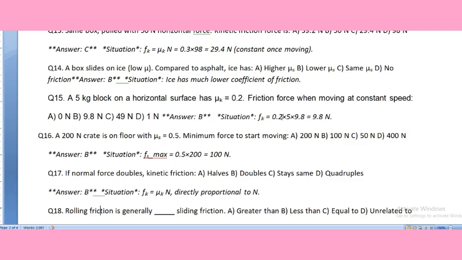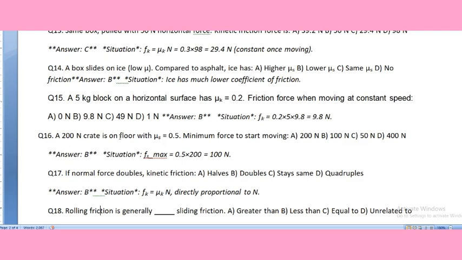Here, the coefficient of kinetic friction is 0.2, which is given, the mass of the object is 5 kilogram, and the gravitational field strength is 9.8 meter per second squared. So the product is approximately 9.8 Newton. So the correct answer is B.